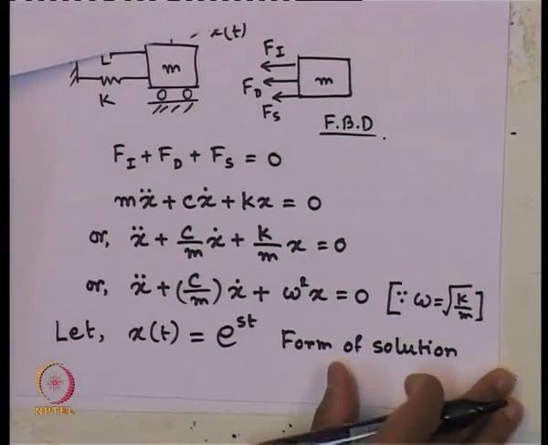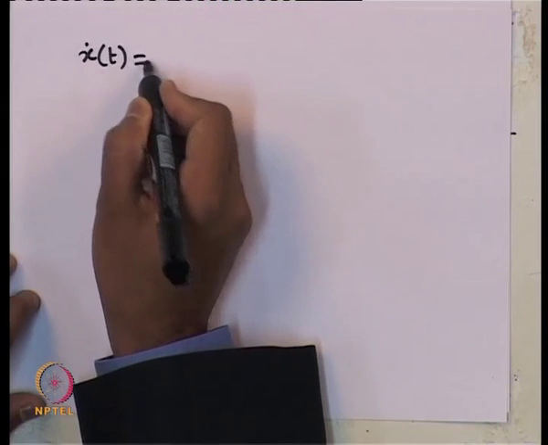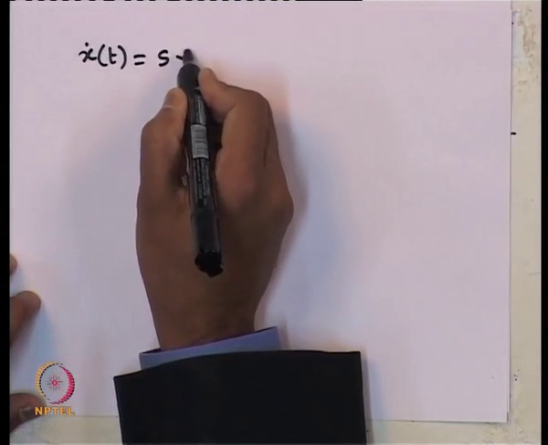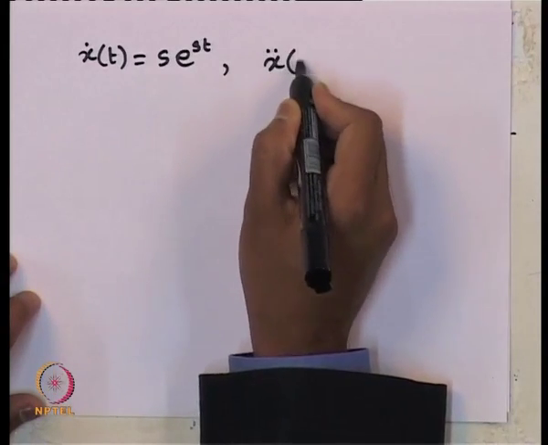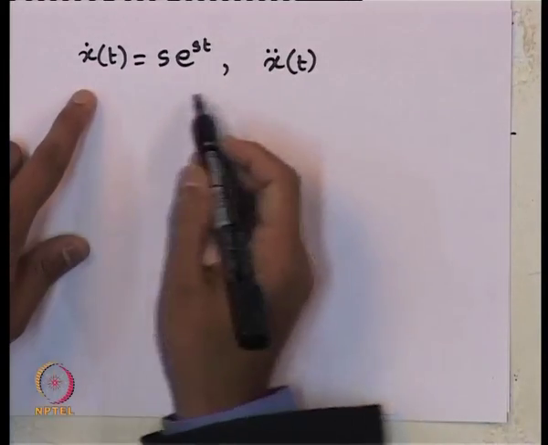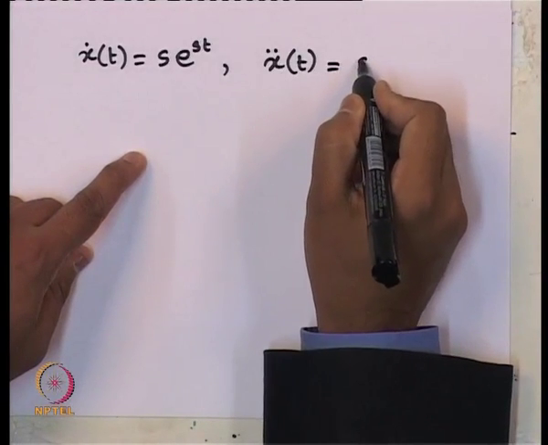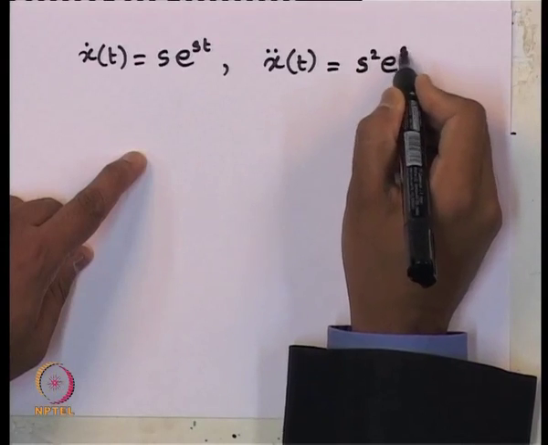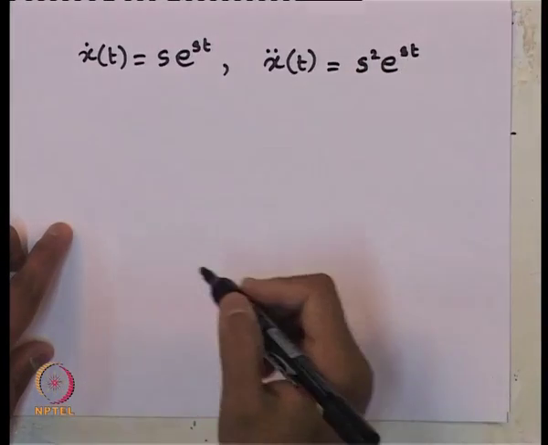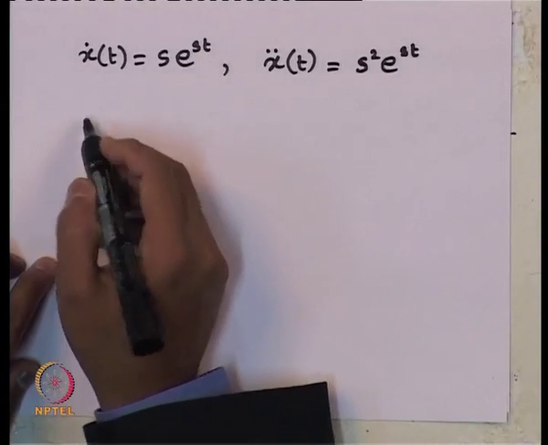What we will get now, x dot of t will be s e to the power s t, and x double dot of t will be s square e to the power s t; that is, velocity we have differentiated once, and acceleration we are differentiating twice. From the displacement function we get these expressions. Let us put them back into our governing differential equation.